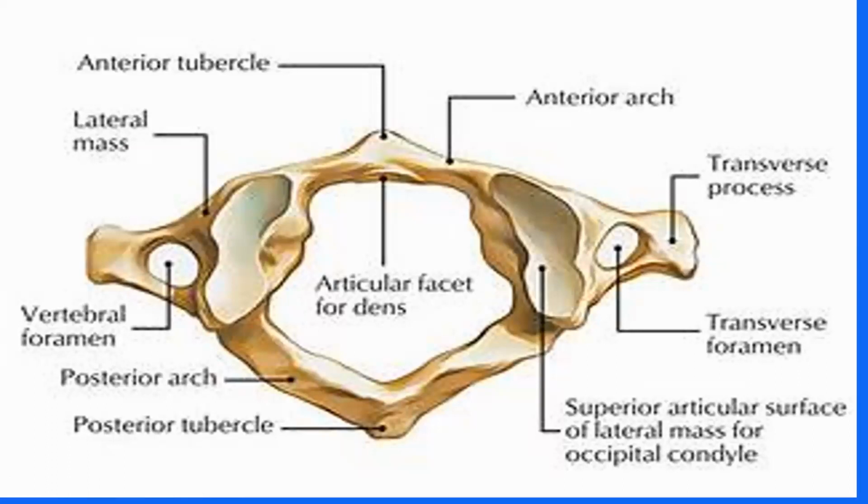If you look at the atlas, I want you to learn this. This is very important. I call the atlas a rondelle. Why do I call it a rondelle? A rondelle in French means, I forgot what it means in English.